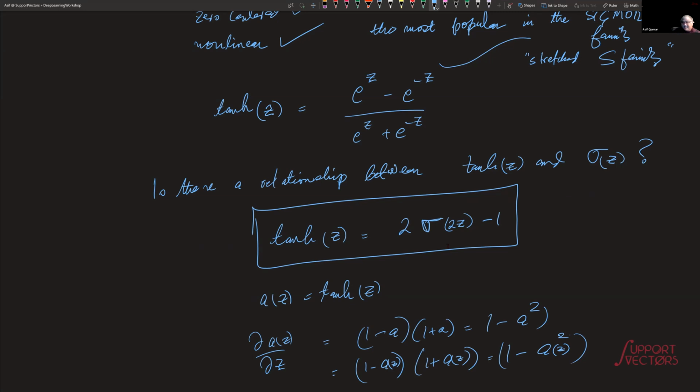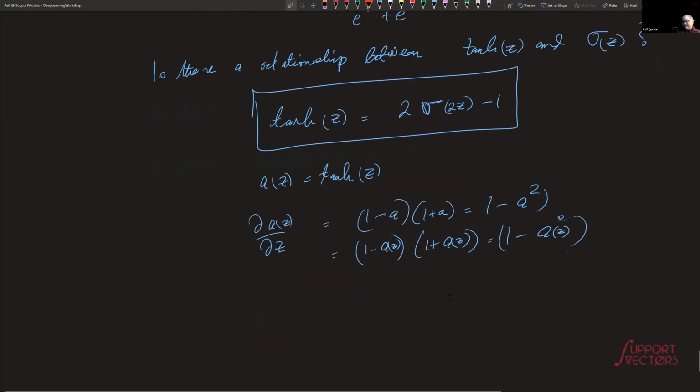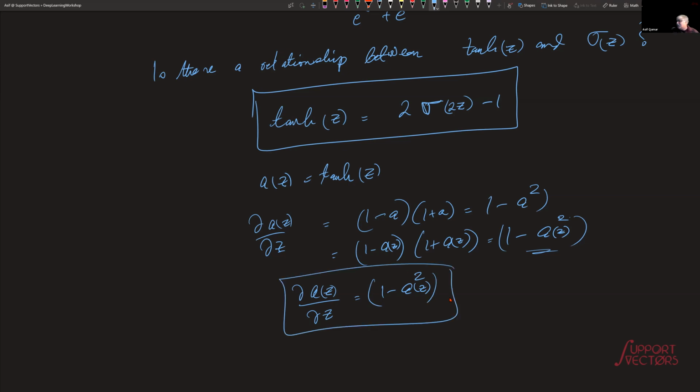It turns out that the derivative of the tanh also can be written in terms of the activation itself, isn't it? And so here also we sort of dodged a bullet. We don't have to explicitly compute the derivatives. It is just given analytically by this expression. So tanh has a good property.